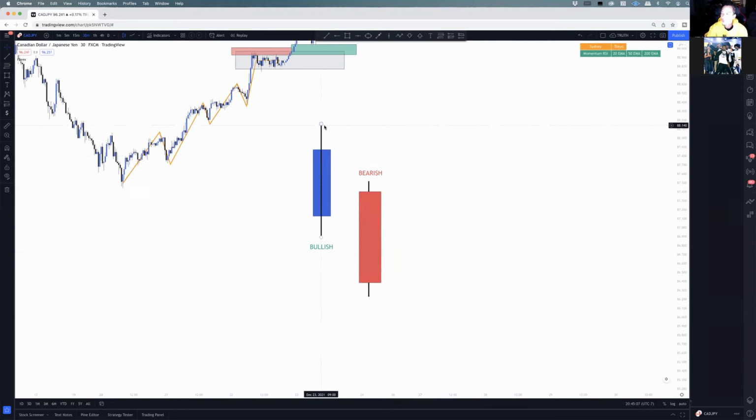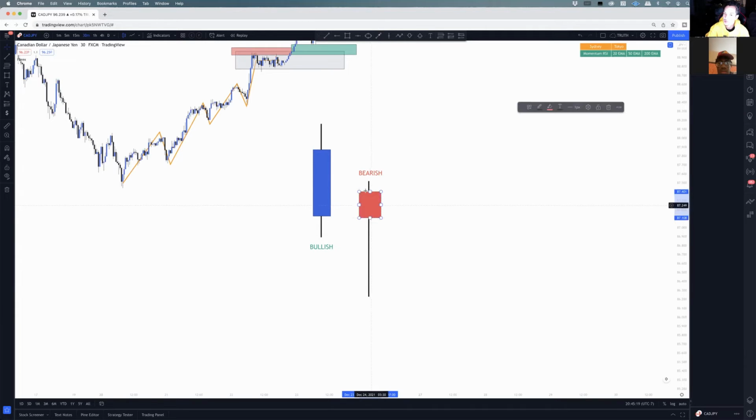Wicks are important because they show us rejection from that area. If the market tried to come up but rejected that area, there are sellers, there are people at that area. For example, the market's going down, down, down, and then it pulls up and creates this crazy wick.